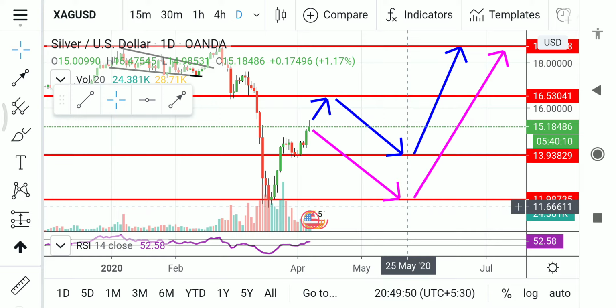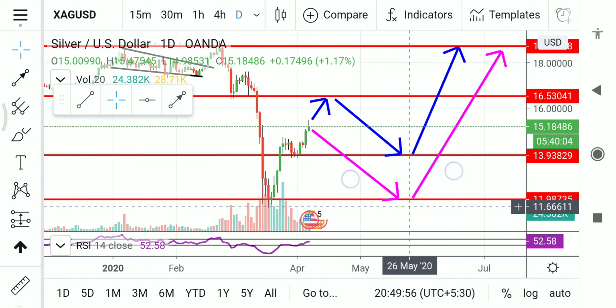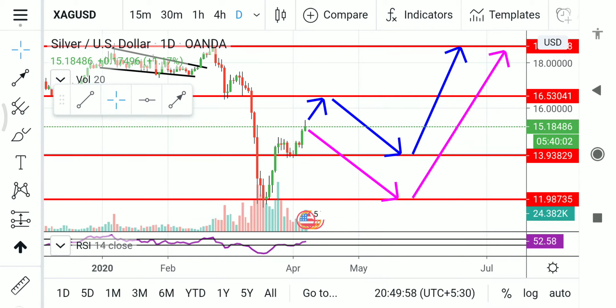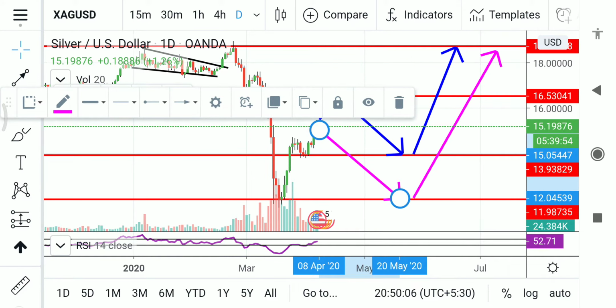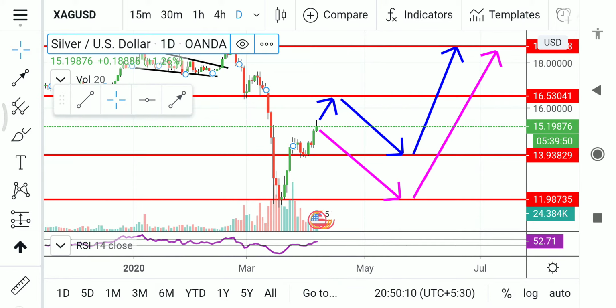your favor. I would recommend you can't expect a huge profit. At least, if you trade this properly at 14, 13 and 12, you will get somewhere around 5, maximum 5, if it goes in your favor.